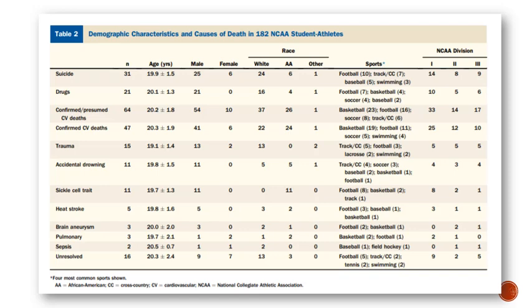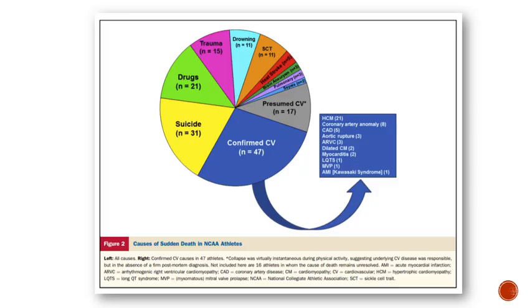Again, all the deaths are tragic and unfortunate, but you start to get an appreciation for things that are considered cardiovascular deaths versus trauma versus drowning versus other things like suicide and drugs. Nice figure here, kind of breaking things down from there. And then within the confirmed cardiovascular deaths, getting a look at the different diagnoses. So that brings things to life. How do you, for example, screen somebody for an aortic rupture?